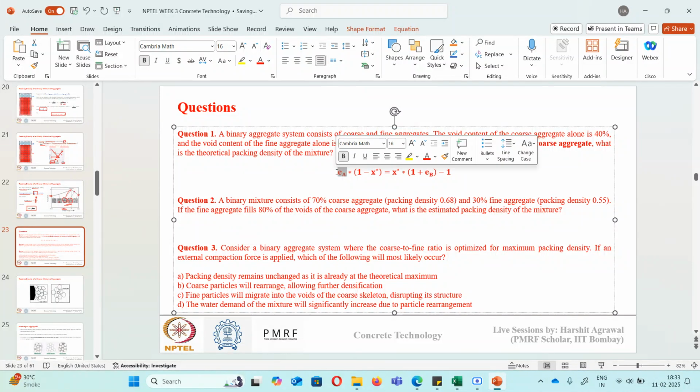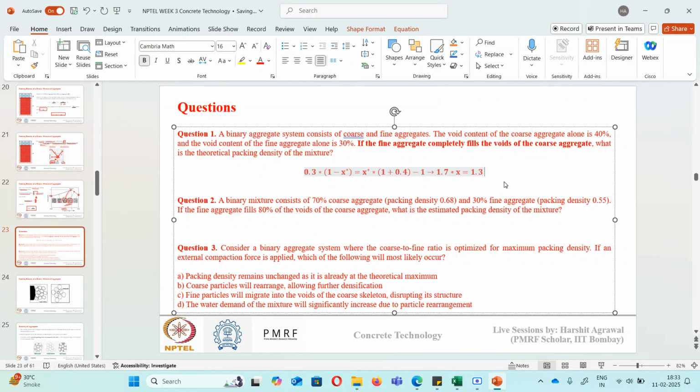I know the value of EA. EA is 0.3. A represents my fine aggregate. And I know EB. EB is 0.4. So I know both the values and I have only one variable, x. If you break this down, it will be 1.7 times x is equal to 1.3.